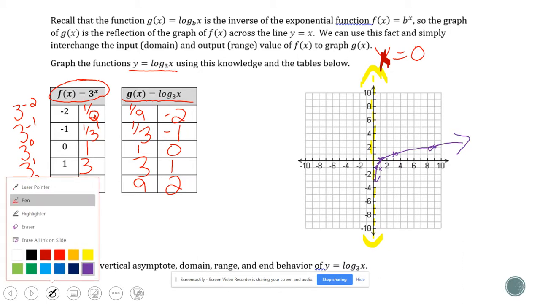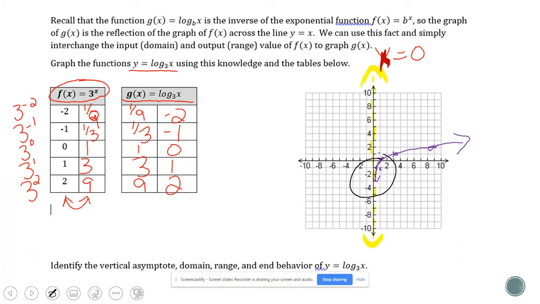Remember that this part of a graph right here is going to come super close to that asymptote, but it's never actually going to hop over that y-axis and move to the other side. Let me erase that part there. All right, vertical asymptote at x is equal to 0.